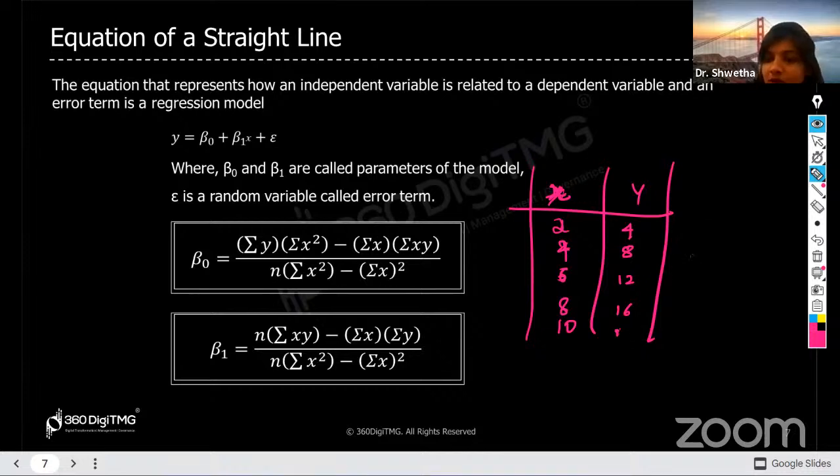Now I have trained the model and even found the equation, plus e.